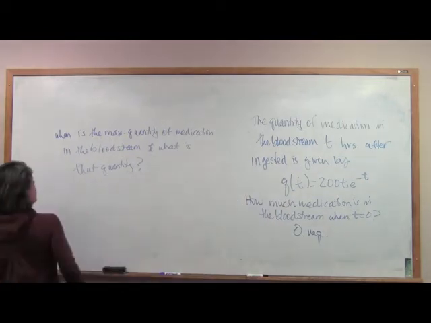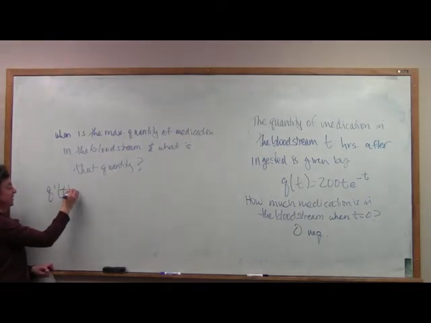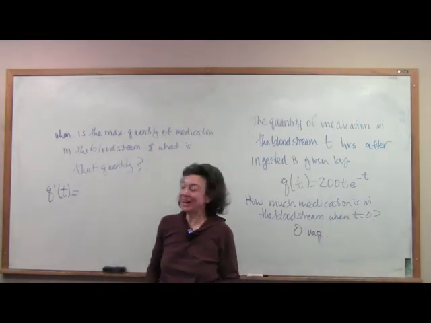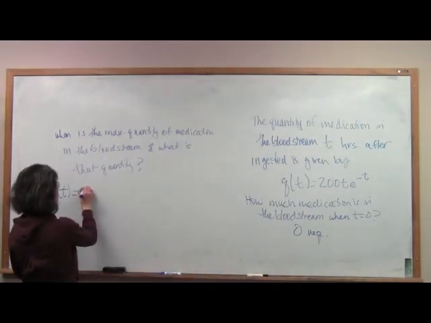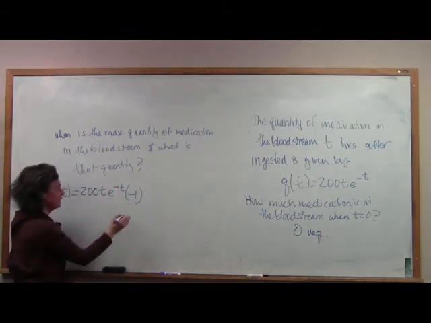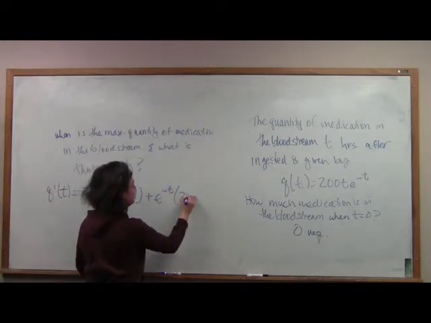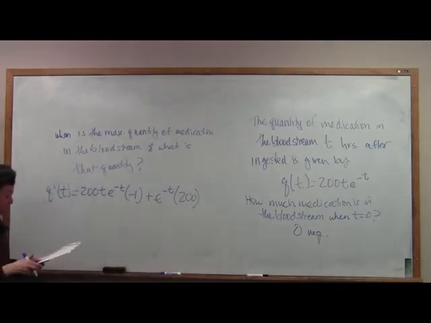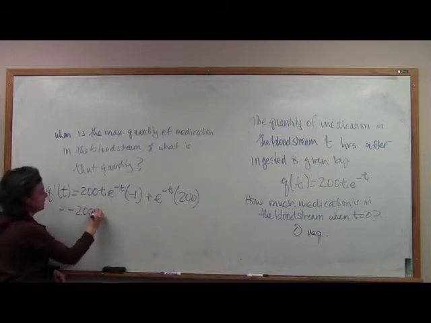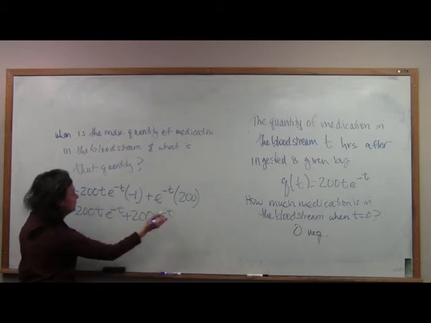So we're going to take our first derivative, Q prime of T. We get to use our product rule here. So check it out. It's the first times the derivative of the second, notice the chain rule, plus the second times the derivative of the first. So we can write this as negative 200T e to the negative T plus 200 e to the negative T.